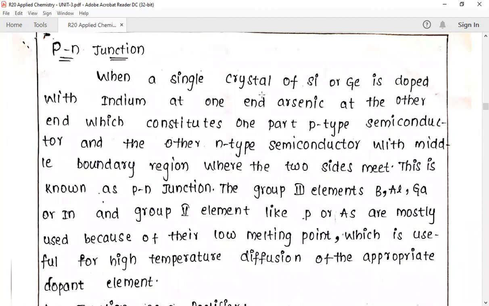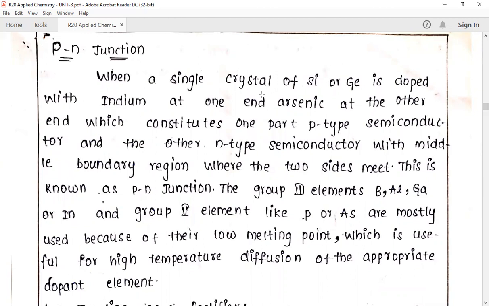So when a single crystal of silicon or germanium is doped with indium at one end, making it a P-type, and with arsenic at the other end, making it an N-type.